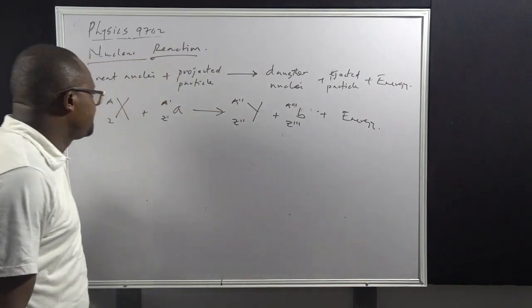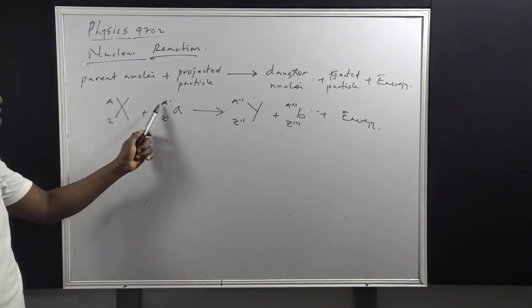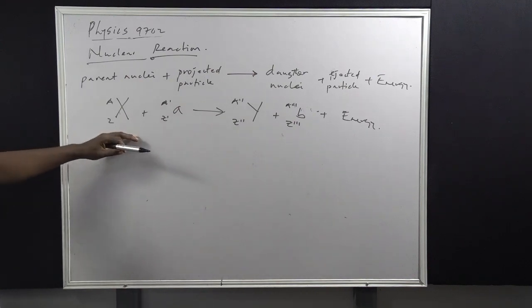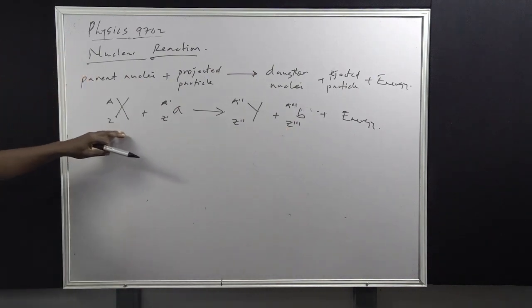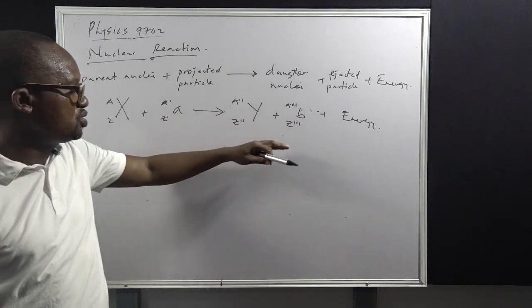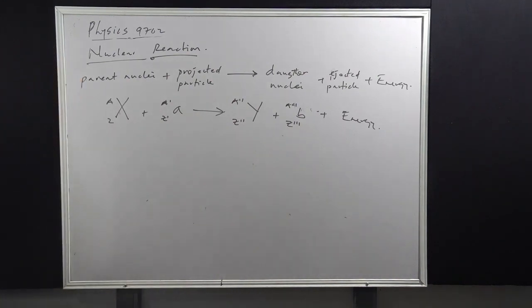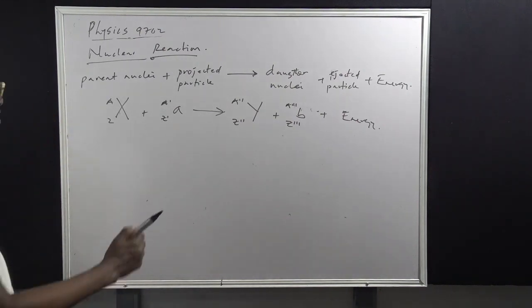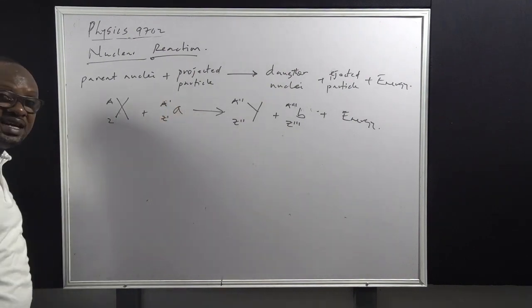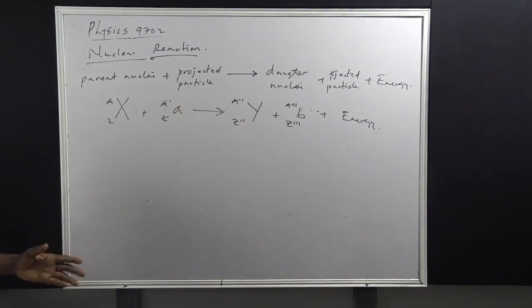Why did I write each of them to have their own nucleon number and proton number, using the prime to differentiate them? It is to show you that all of these are actually nuclides: nucleus, particle, and so on. A nucleus is a nuclide, and particles are also nuclides, provided they have definite nucleon number and definite proton number.